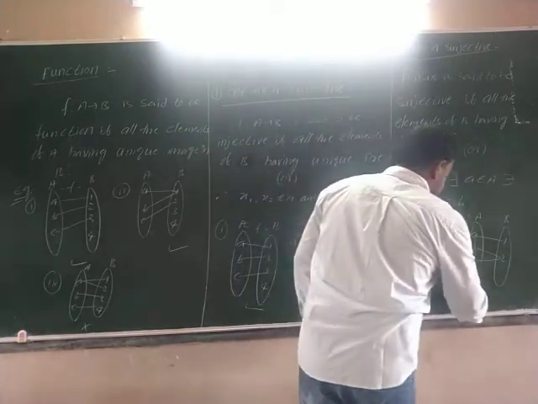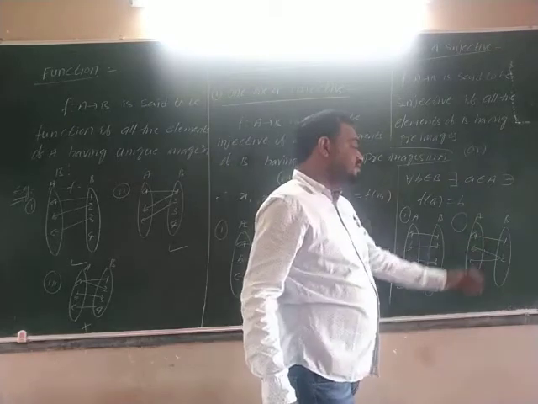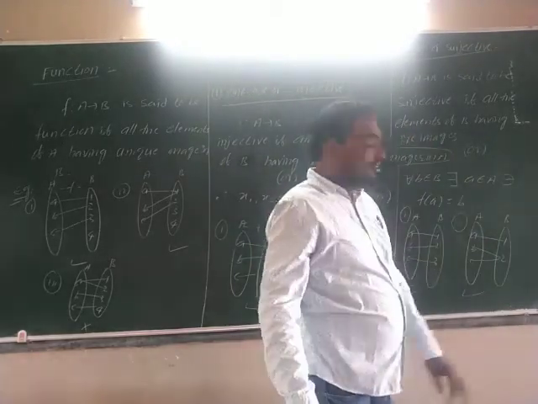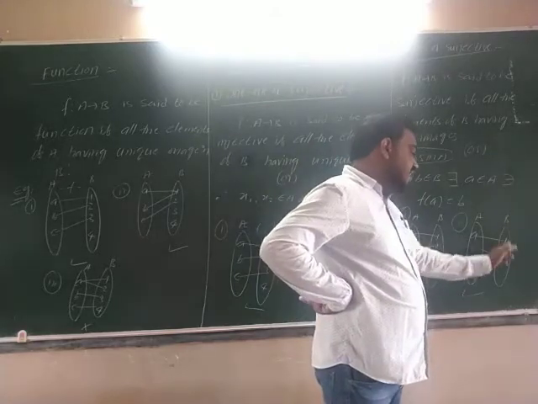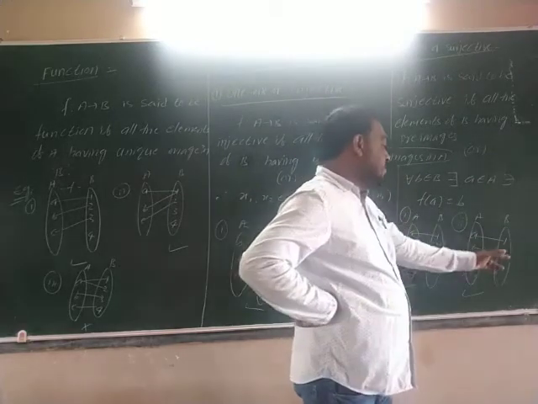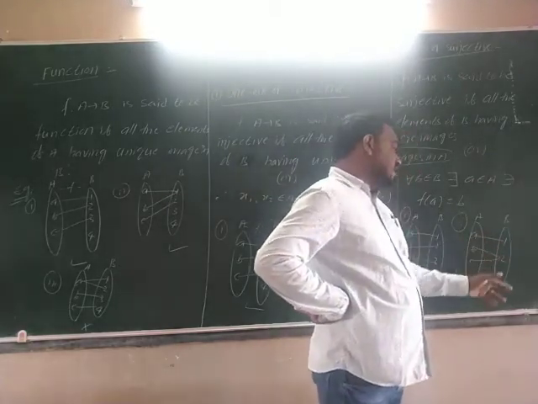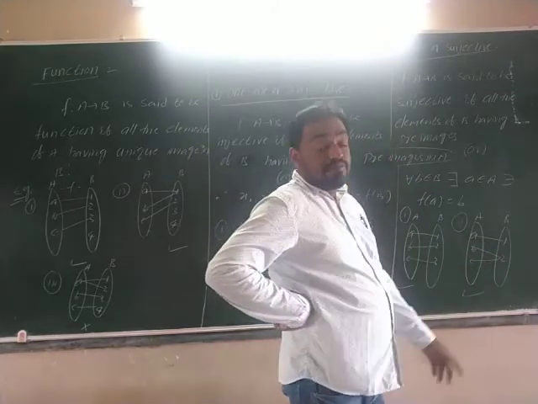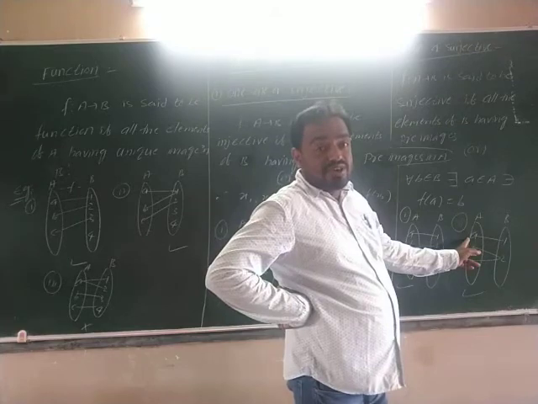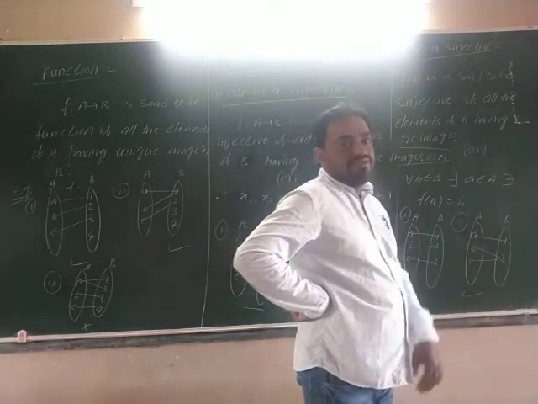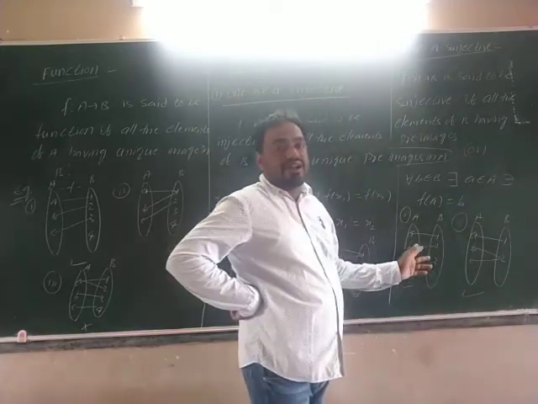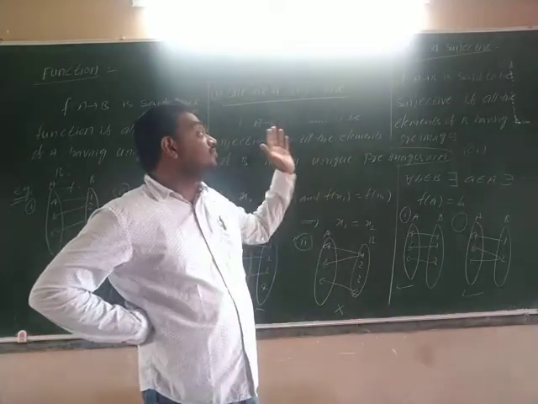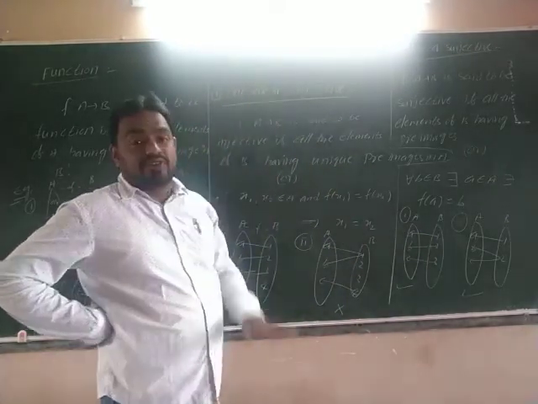So it is an onto function because every element has an image. One image is a, two images are b and c. So it is the onto function, but it is not a one-one function. It is only onto function. This is one-one and onto function. Understood? This is the definition of one-one and onto function.